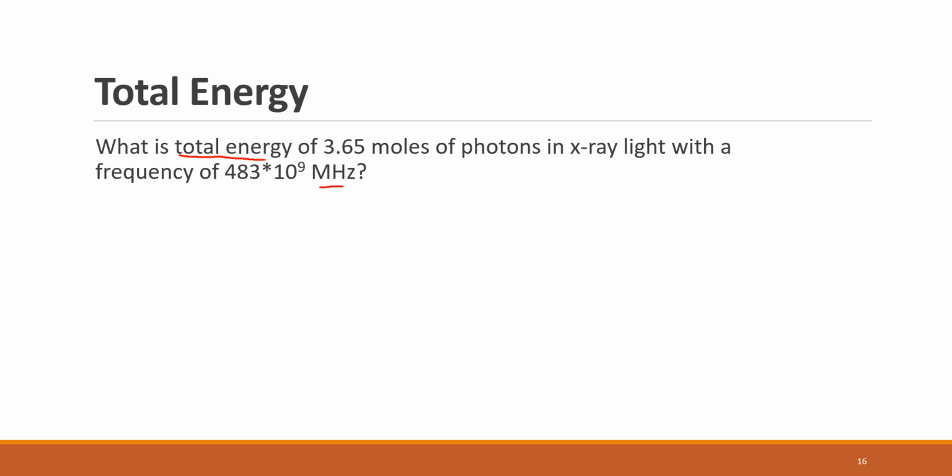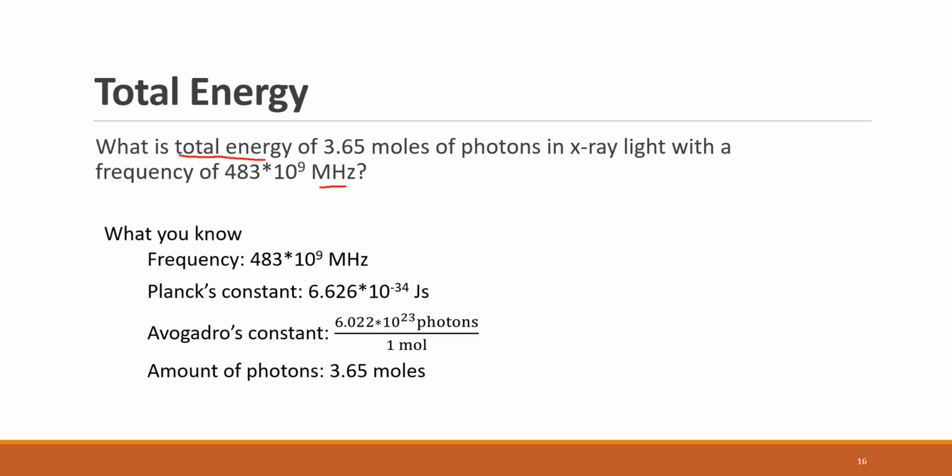So this is why you want to pay attention to units. So we're going to first want to convert our megahertz units into hertz, and then we can calculate the energy of a single photon by multiplying Planck's constant by the frequency.